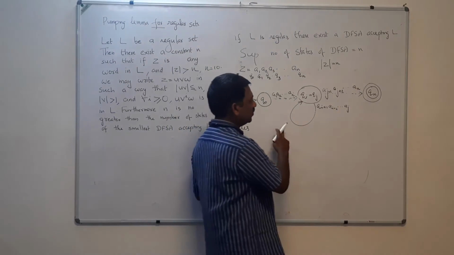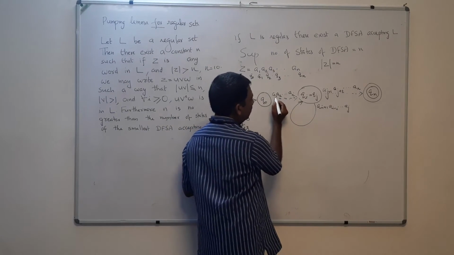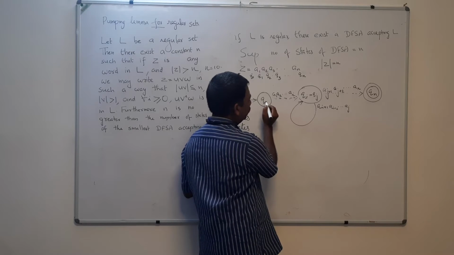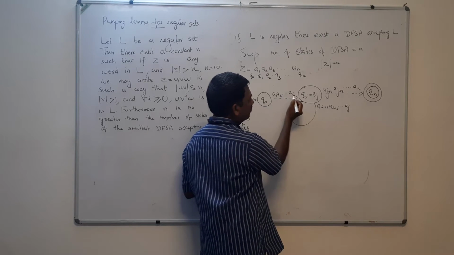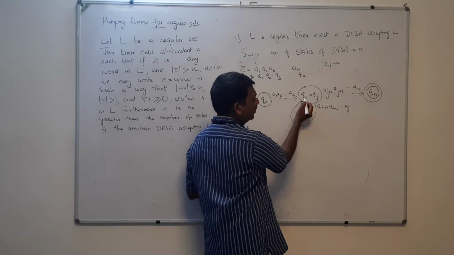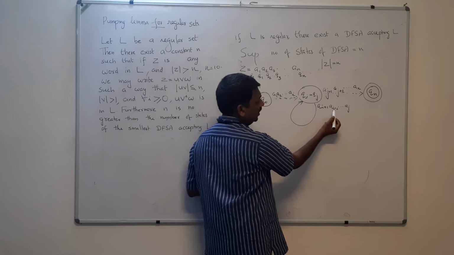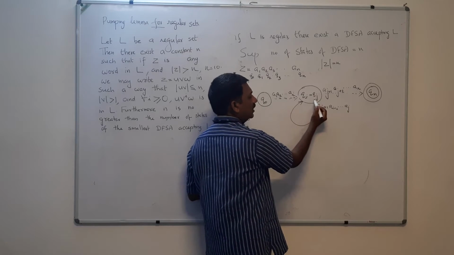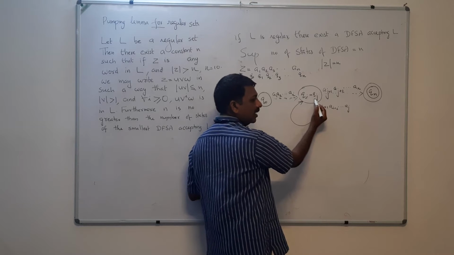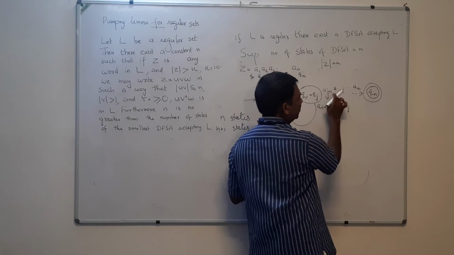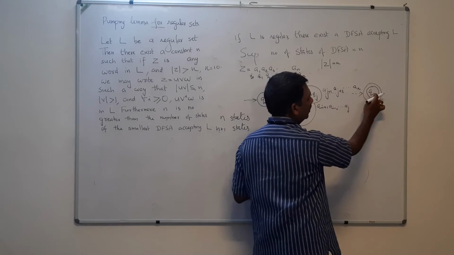Initially it is in state Q0, and after accepting A1, A2, A3, etc. up to Ai, it reaches Qi. And after accepting Ai plus 1, Ai plus 2, etc. to Aj, it has returned to the same state, Qj. After accepting Aj plus 1, Aj plus 2, etc. to An, it reaches Qn.